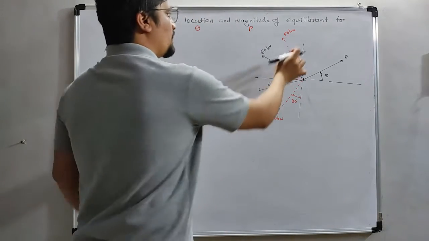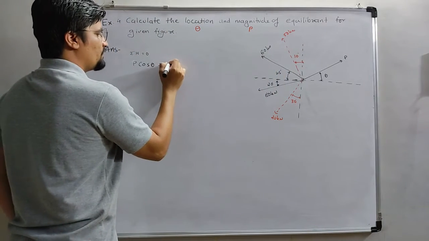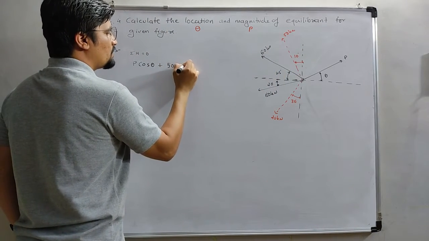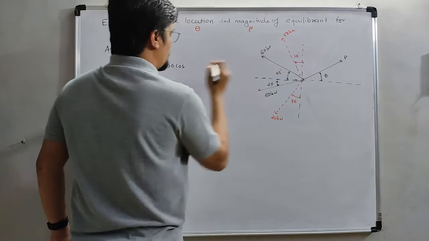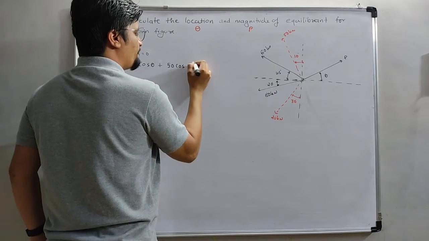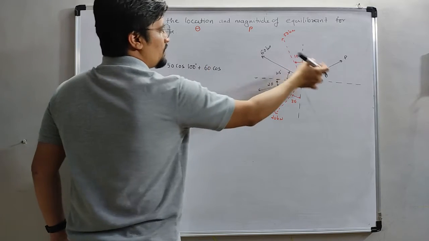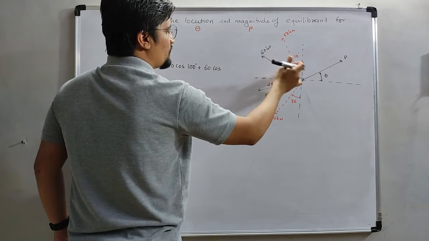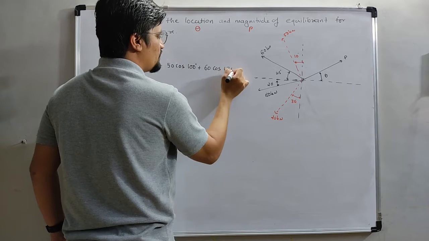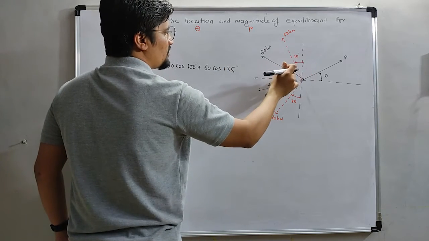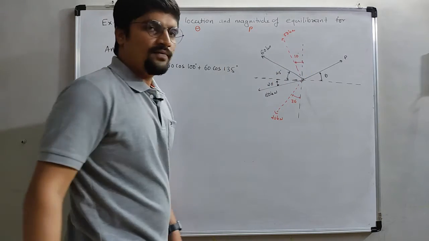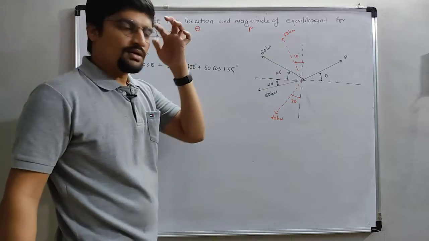Now the force 50 cos, this is 90 plus 10, 100 degrees. Then 60 cos, this is 90 and this is 45, so here will also be 45, so 90 plus 45 means 135 degrees.